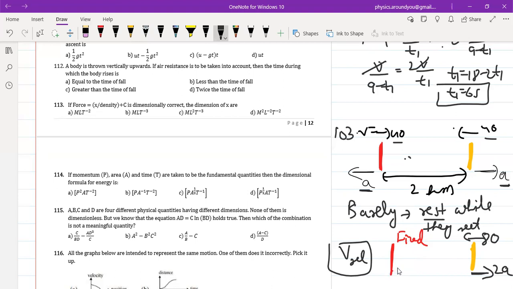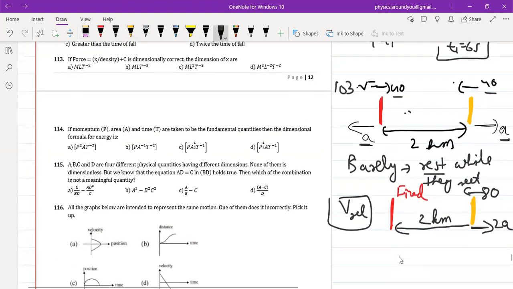Since I have fixed the first train, how long should the second train travel to meet the first train? It should travel 2 kilometers to meet the first train. And how should it look like for the fixed train when it finally touches?